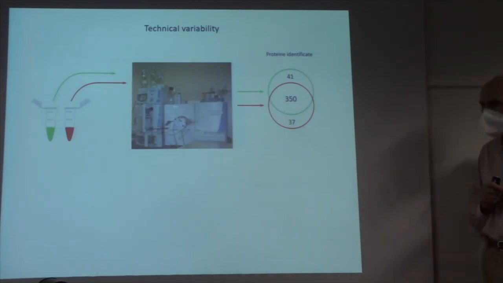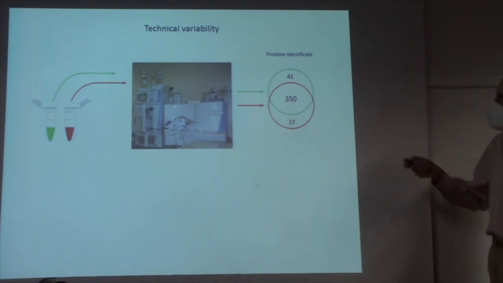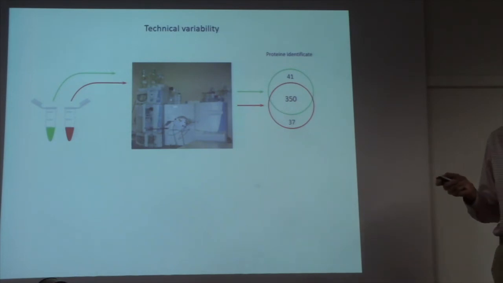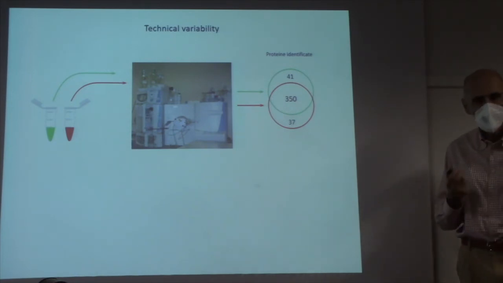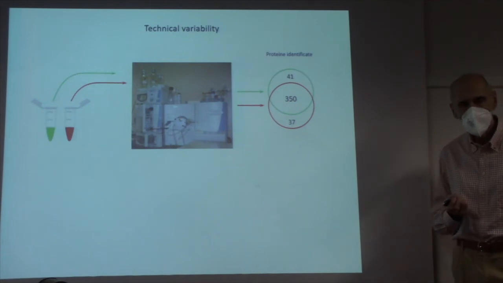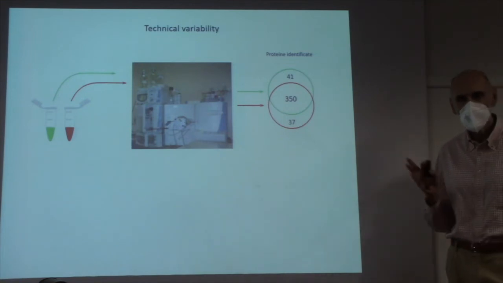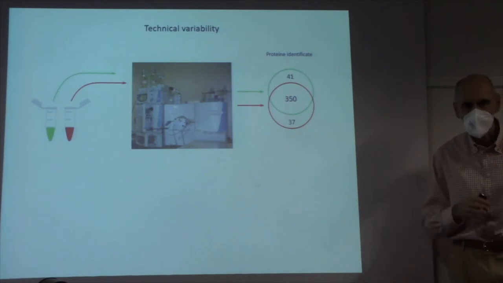So, we wonder how much of this variability is biological variability and how much is technical? That's the question for you. What should you do to determine what is the technical variability and what is the biological variability?